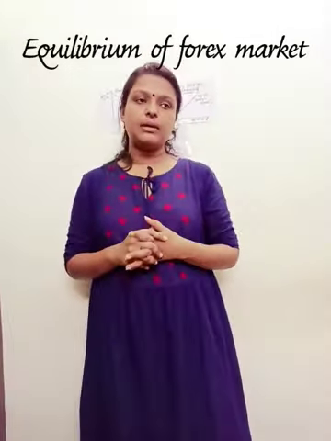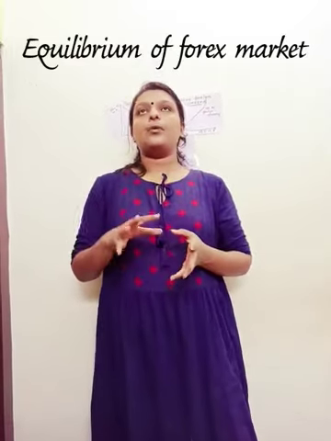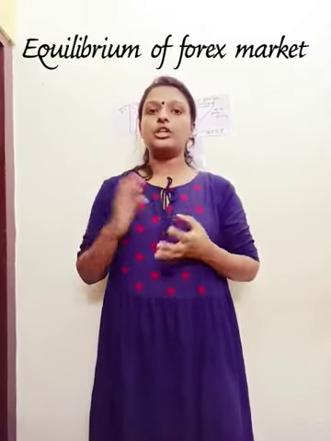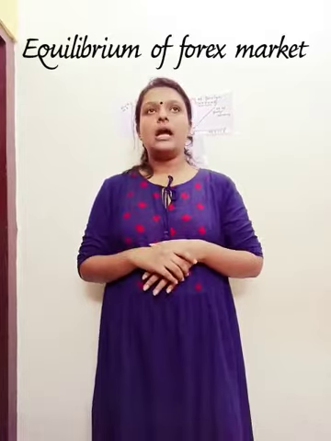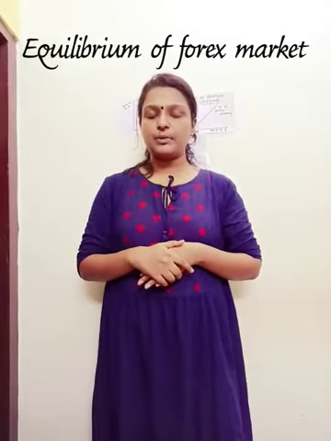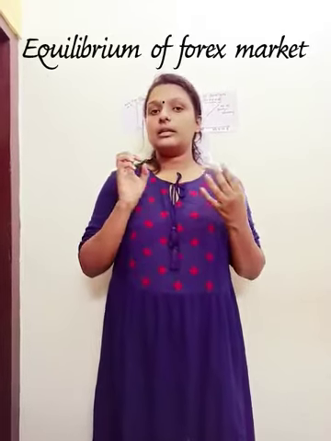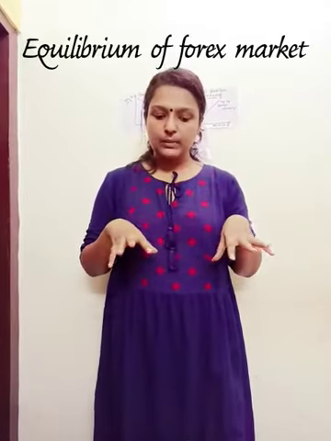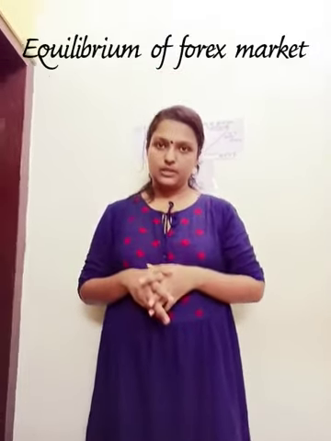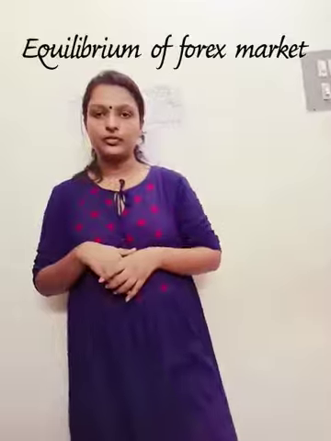For example, suppose $1 is equal to 40 rupees today. In a case of depreciation or devaluation, $1 will be equal to 50 rupees, a falling of the value of the currency.